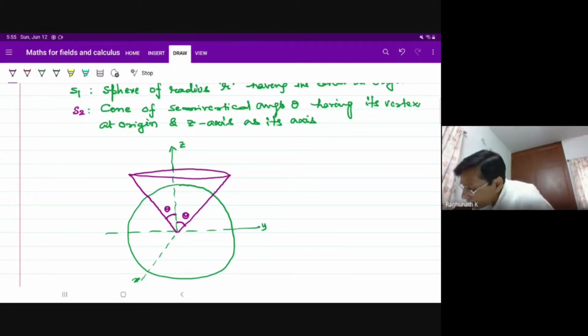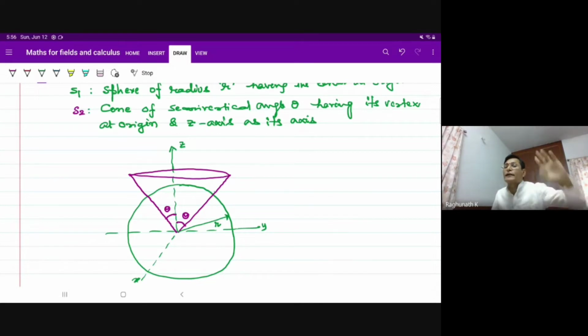This is theta, and we know this is r. The point now will lie on the line along which these two surfaces intersect.